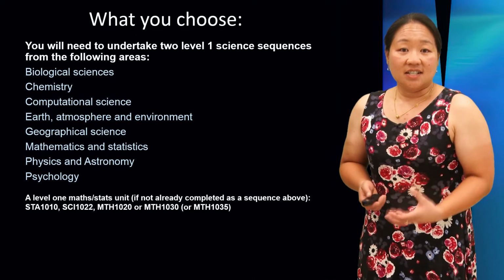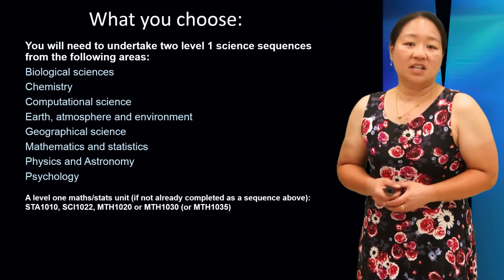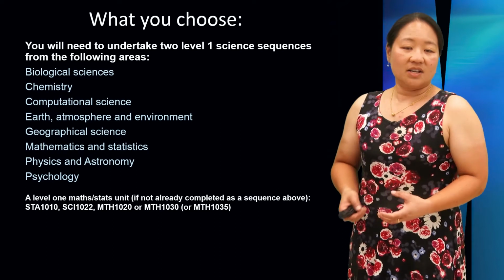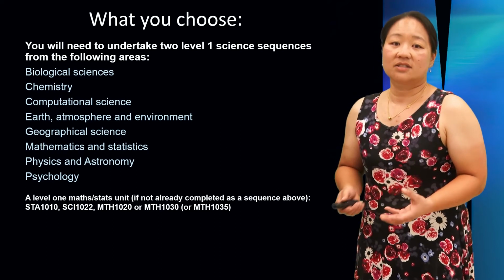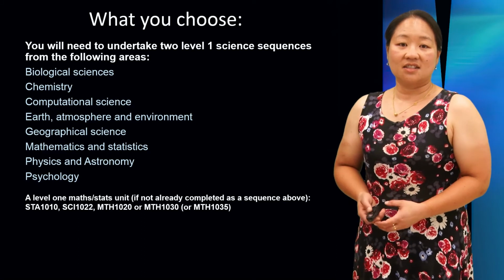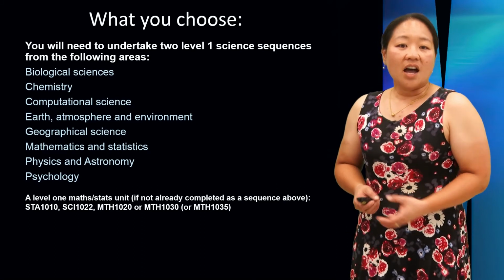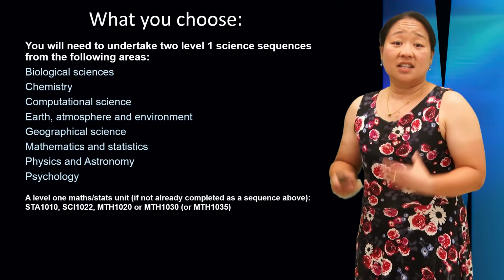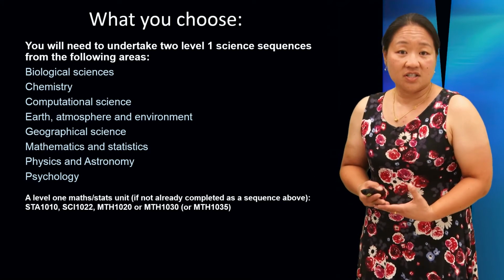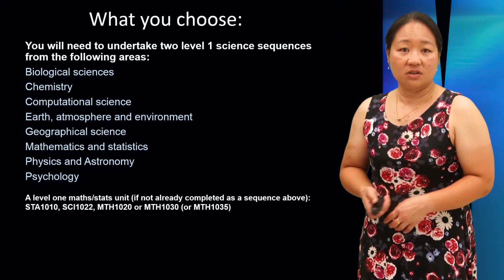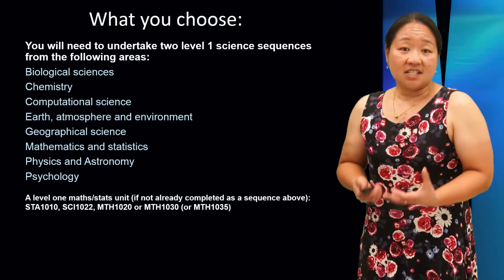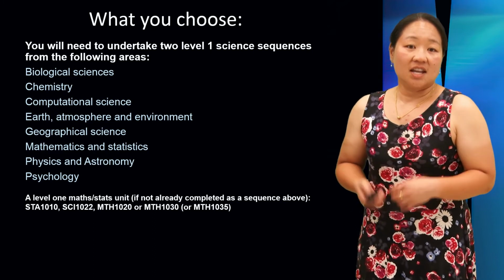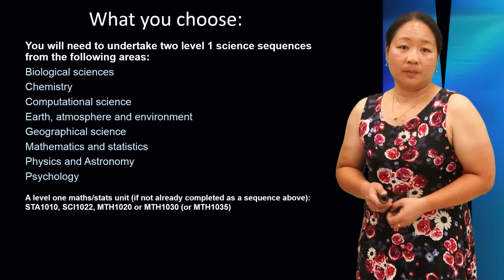They include statistical methods for science, which is normally recommended for students planning to undertake study in areas where experimental design and data analysis skills are particularly important, such as the life sciences. SCI1022, or Introduction to Scientific Coding, is a coding unit for students who are interested in further developing their coding skills, or MTH1020 or 1030 are recommended for students with an interest in mathematics or physics.